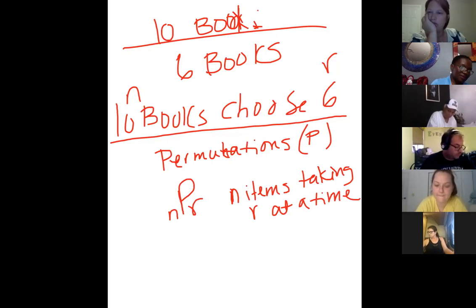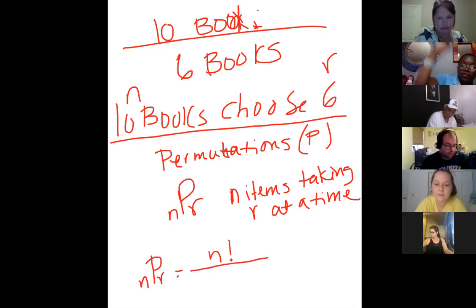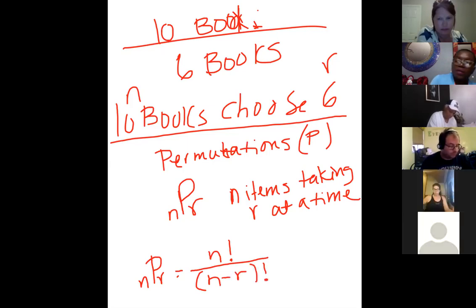Now, the formula to calculate this permutation is, and here's where the factorials come in, N factorial, the total number of books you have, in this case 10, divided by N minus R factorial, the total number of books minus how many books you want to choose.